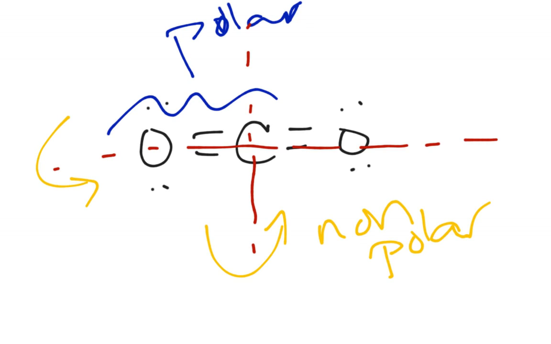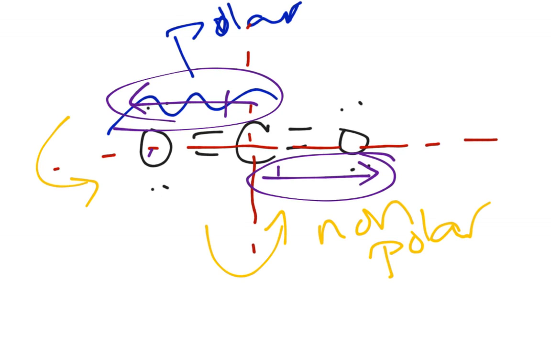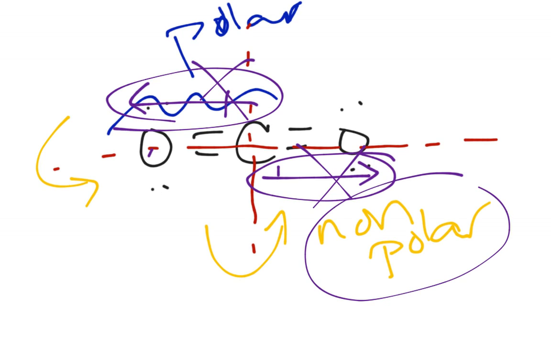Basically the reason why is that this oxygen is pulling electrons from the carbon this direction, and this oxygen is pulling electrons from the carbon the other direction. Well, look at these two arrows. This arrow and this arrow are the exact same in opposite directions, so they end up canceling each other out overall. Yes, that's a polar bond, but they cancel each other out, so it is a nonpolar molecule.